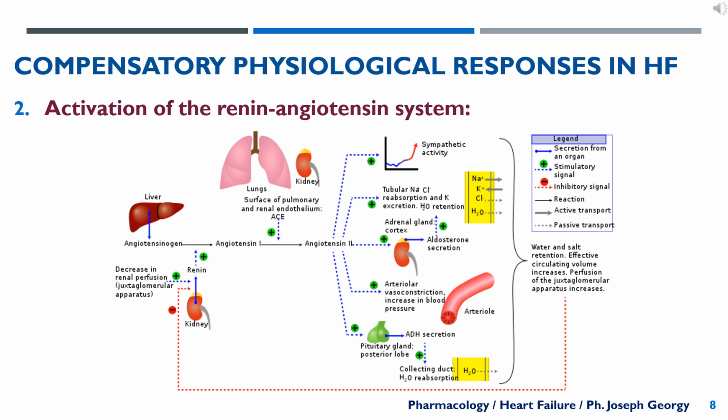The direct way here is that it acts directly on the tubule, and here we will have the sodium cations, or positively charged ions, and the chloride anions. These sodium and chloride will be reabsorbed into the body directly as a result of the action of angiotensin 2 on the tubule within the kidneys.